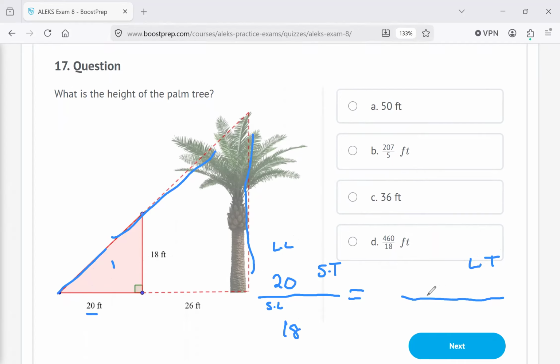And then over here, the same idea. It has to be a larger leg, smaller leg. So over here, this would be technically the larger leg. So 20 plus 26 is 46. And then the other leg, we don't know, but we have to have one, otherwise it won't work.